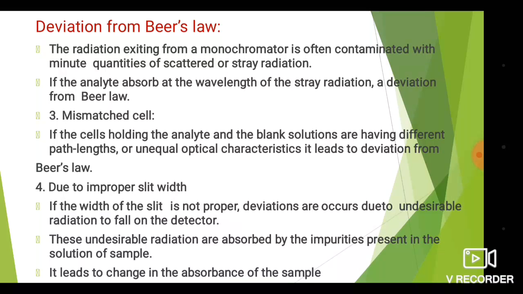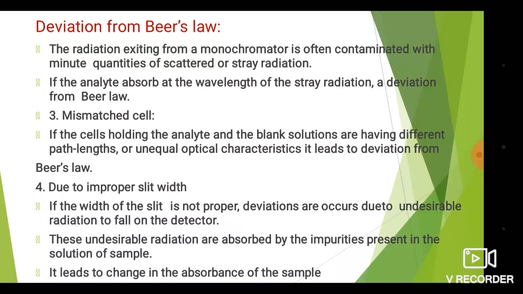When we pass this radiation through the monochromator, we get monochromatic light, but this monochromatic light is associated with reflected or stray radiation also. If the analyte absorbs at the wavelength of the stray radiation, a deviation from Beer's law occurs. When the substance does not absorb the selected radiation and it absorbs the stray light, then we will definitely get the deviation from Beer's law.